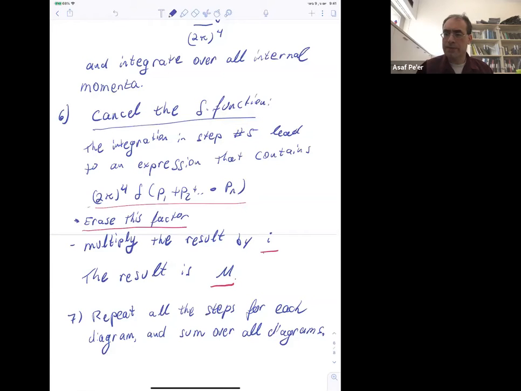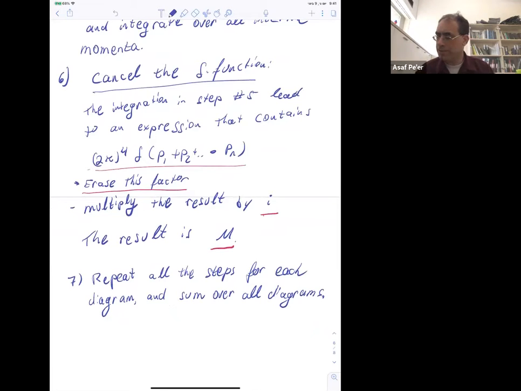And that's it. That's a prescription. Okay, let's see how we're going to actually use it.